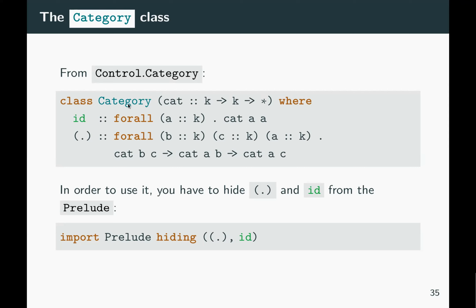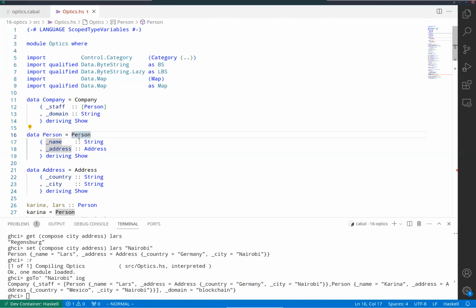So functions will be an instance, so it will still work for functions. But the idea is now to make our lens a category so that we don't have to remember this compose word. We can use the old dot. The only problem is that the names clash, since id and dot are defined in Prelude. So I need to hide those.